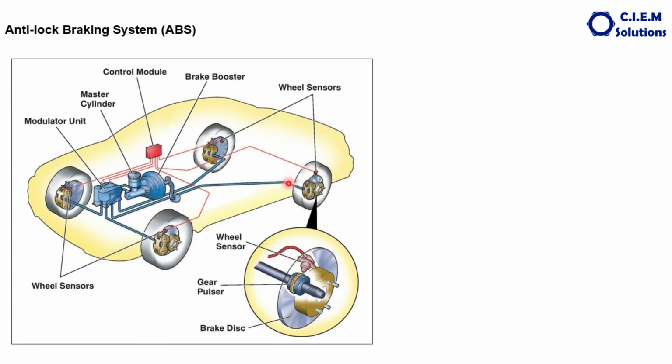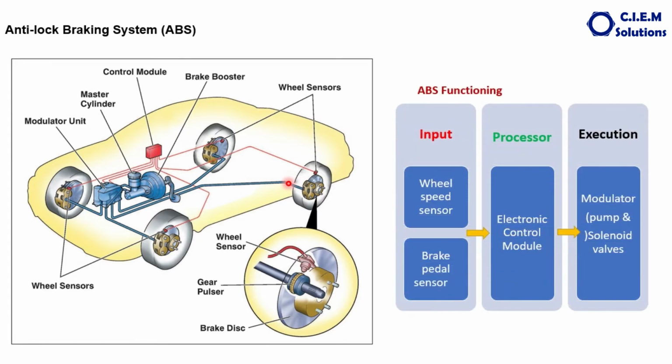So what happens here? See this process. There will be some input devices and there is a processor which takes the signals from the input devices, processes them and gives signals to the executing agent.